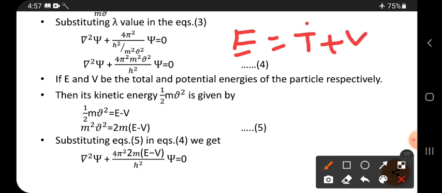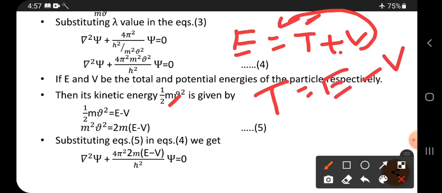So from this, T is equal to, keep it here and bring this V to this side, it becomes minus. T is equal to E minus V. So in the place of T, half mv square is written. Half mv square is equal to E minus V. Like this it comes.